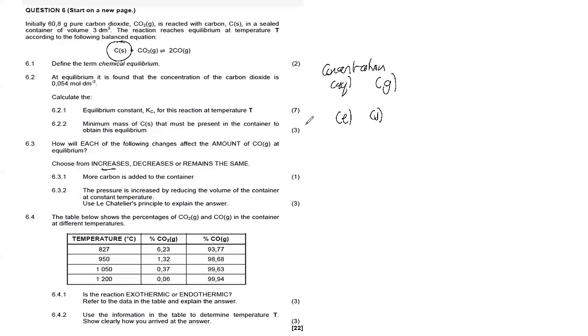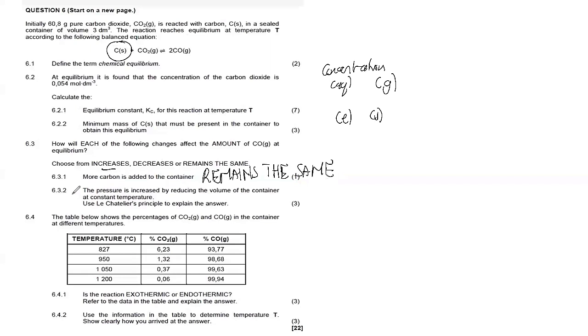Even if you add more carbon particles, nothing will really happen to the reaction vessel, and that will not change our values at equilibrium, or shift the equilibrium, right? So here we are supposed to say remains the same, because we have increased the amount of a solid.